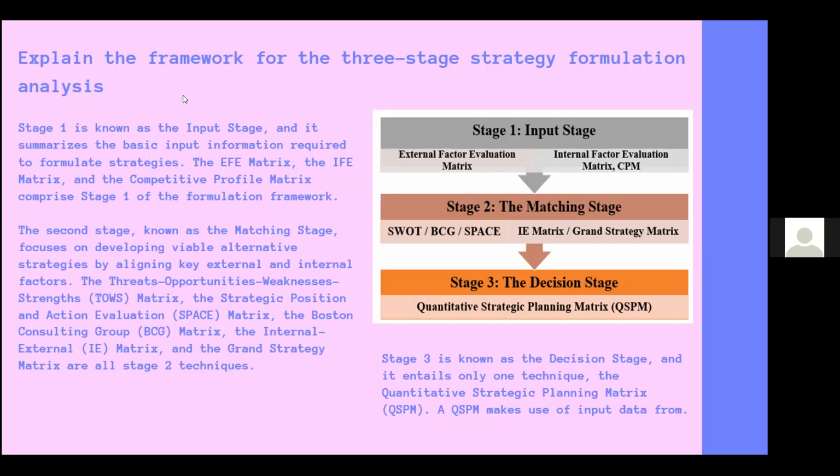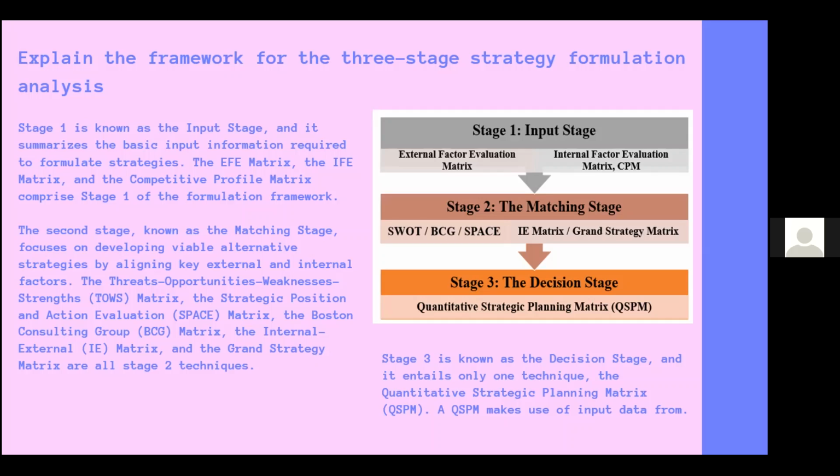Stage 1, the input stage, summarizes all the basic input information that is required to formulate strategies. The EFE matrix, the IFE matrix, and the competitive profile matrix are comprised in this stage 1 of the formulation framework.